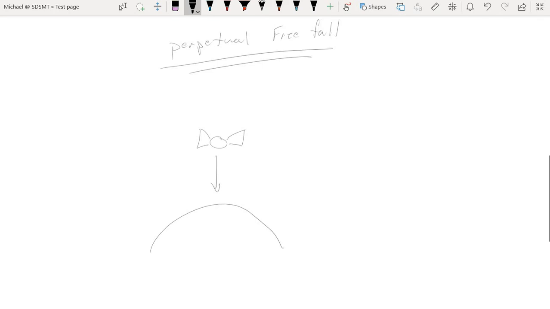But at the same time, gravity is pulling all of the astronauts to the ground at the same rate. And so if you could imagine yourself in an elevator that all of a sudden just started falling, well, you and the elevator would be falling at the same rate, and it would give you the appearance of weightlessness.